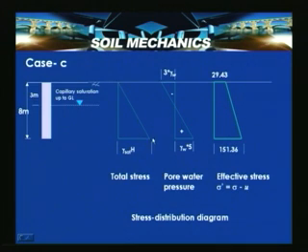Then the total stress is here, and the pore water pressure in this zone is minus 3 gamma W, because gamma W is say 10, that is minus 30 kN per meter square, and 50 kN per meter square below. This is the rising water table effect because of the capillarity nature. The effective stress sigma dash is equal to sigma minus u, and with that we get this particular distribution for the effective stress. So this is the stress distribution diagram for the total stress, pore water pressure and effective stress, which gives the vertical stress.